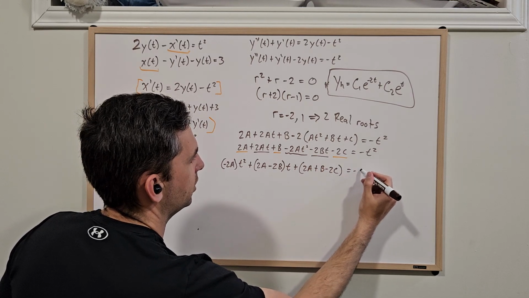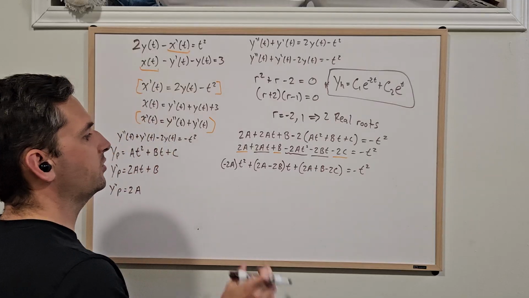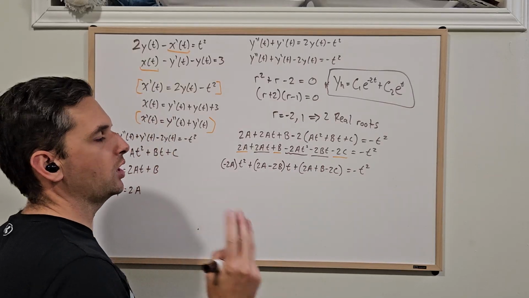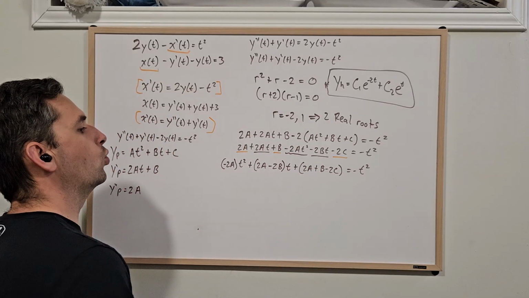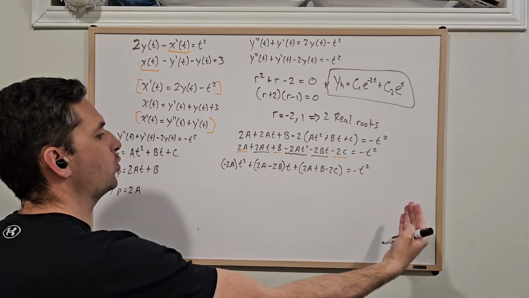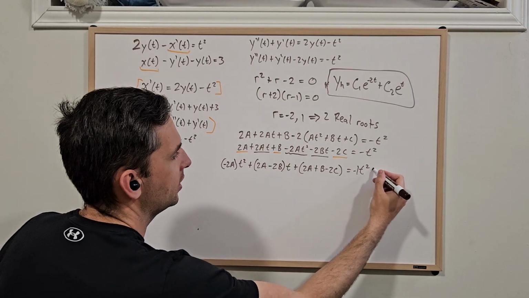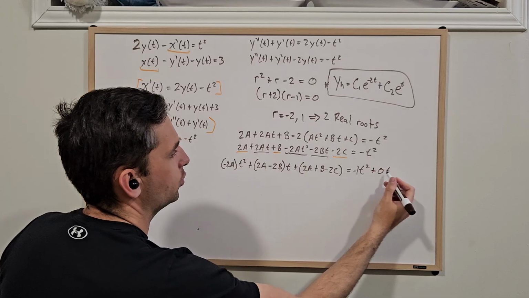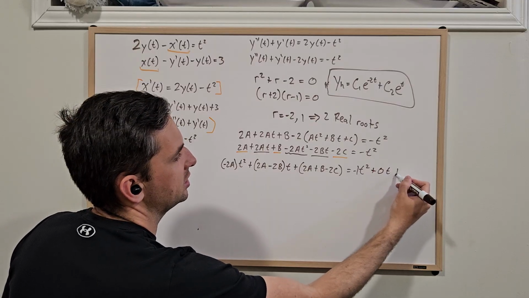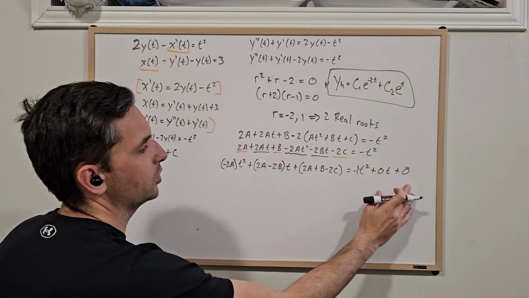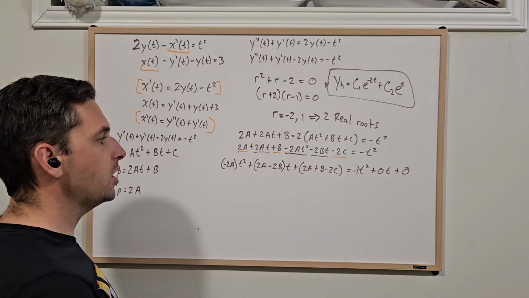And the reason why I wrote it out like that is because now we have to equate these. We're going to get 3 equations, and we're going to have to equate these with the coefficients that we see on the right-hand side. Here we have the coefficient for t squared, which is just 1. Here, we don't see anything else because it's just 0t plus 0, if I was to write them out, right?